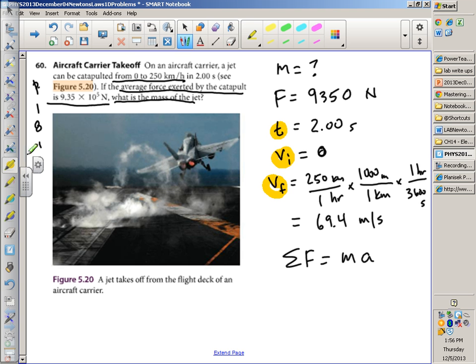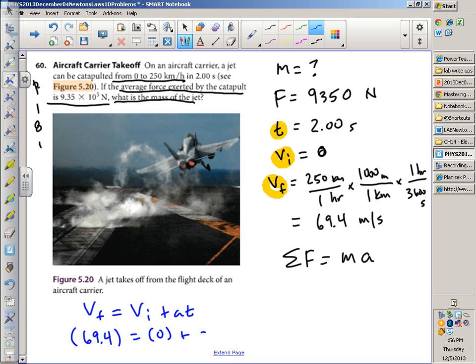Yep, right? There's a couple different ways you can do it, but if we use a kinematic equation, Vf is equal to Vi plus a times t. Not the only way you can figure out the acceleration, but one way. So we figured out that Vf was 69.4. Vi was 0. We don't know the acceleration.